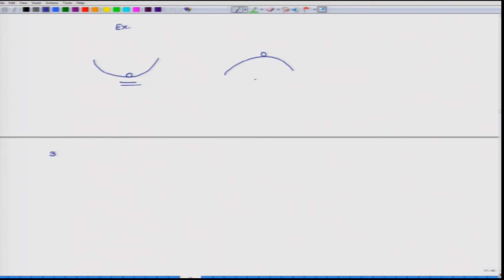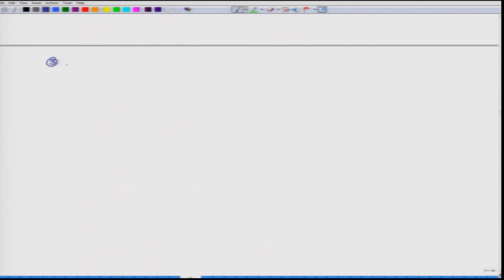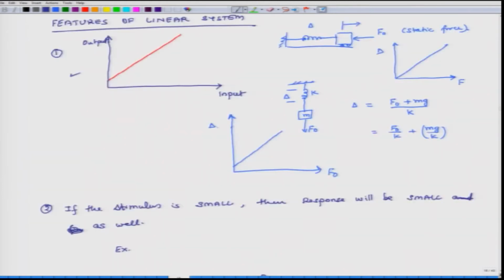Third, these two, observation 1 and observation 2, are good for static systems as well as dynamic systems. Okay. Static systems as well as dynamic systems. Now, I am going to tell you a special feature of dynamic systems.